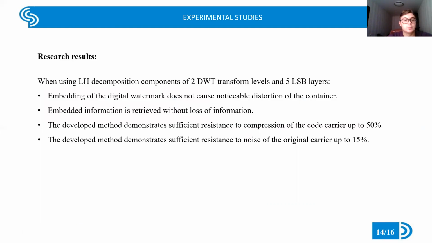As a research result, we can see that the highest quality results are obtained when using LH decomposition components of 2-level discrete wavelet transformation and 5 least significant bit layers.